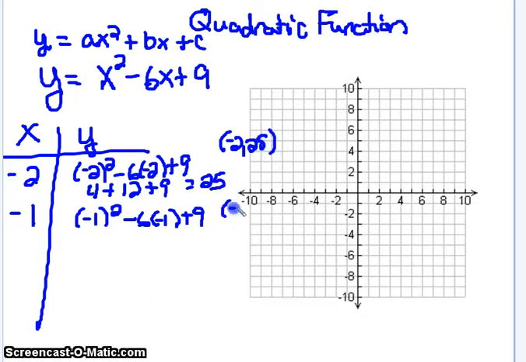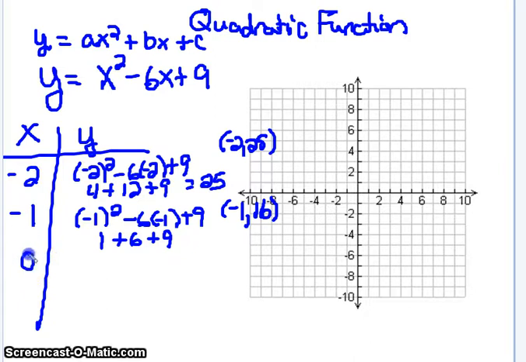My second coordinate is negative 1, and negative 1 squared is going to give me 1. Negative 6 times negative 1 is going to give me positive 6, and then plus 9. So we're still huge, right? We're at 16. I don't have 16 anywhere.